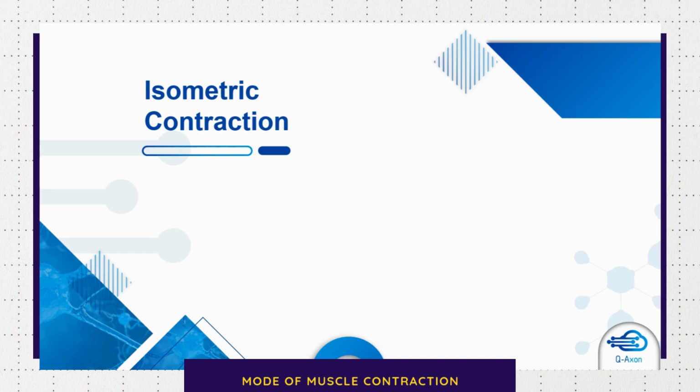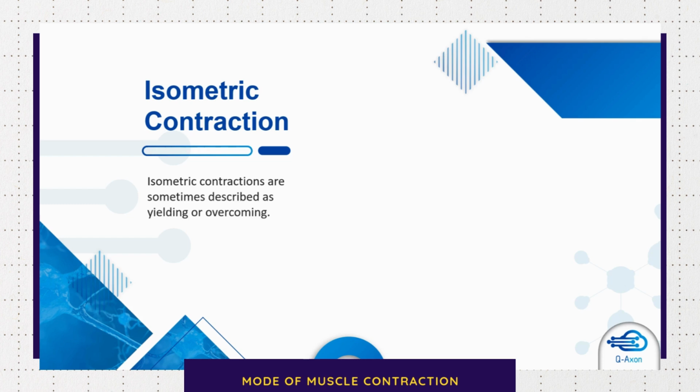To give an example, when you have a weightlifter who lifts the dumbbells, while he's lifting the dumbbells, it is isotonic contraction because the muscles are shortening. But once he has managed to lift it and he holds it steady for some time, it is isometric contraction because the muscle is neither shortening nor lengthening during this phase, only tension is building up.